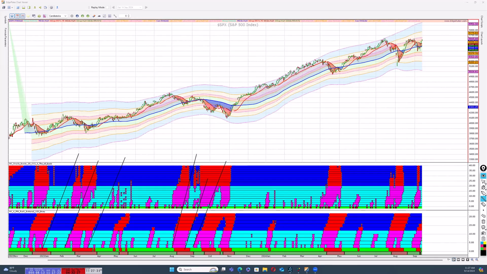And depending on the length, you may have actually missed quite a bit of the move. And you might get out way too far late in the move, giving back some or most of your profits on that trade.